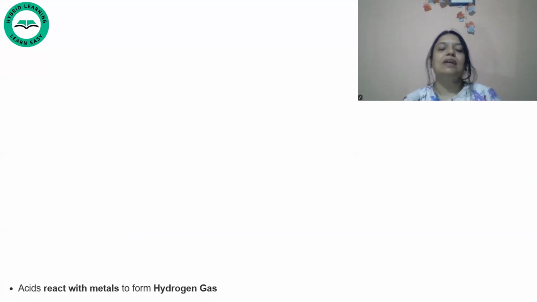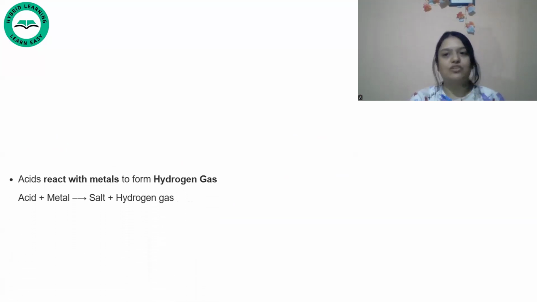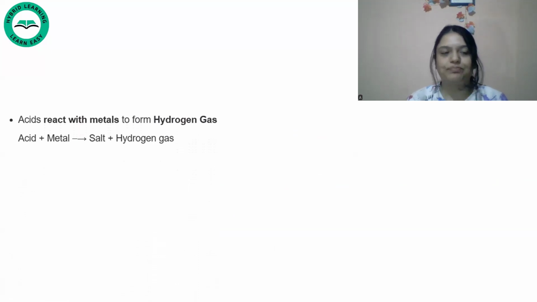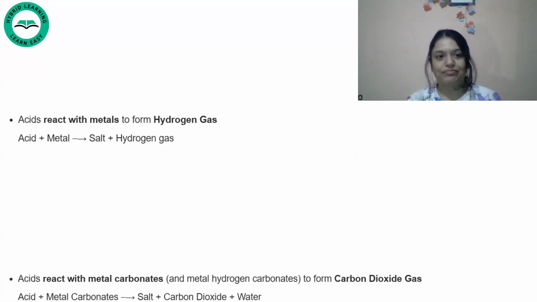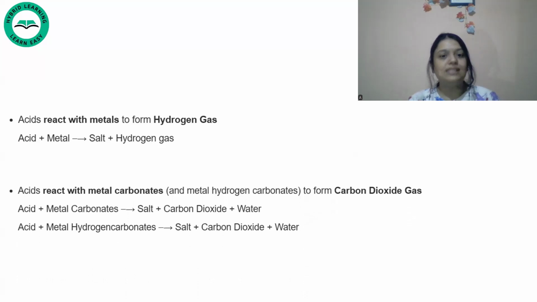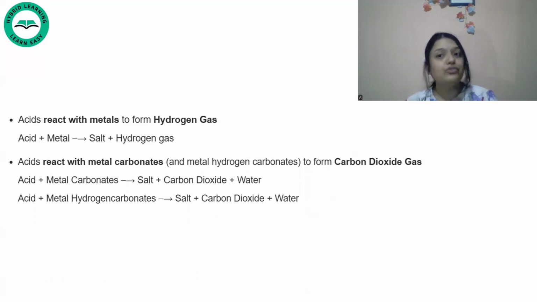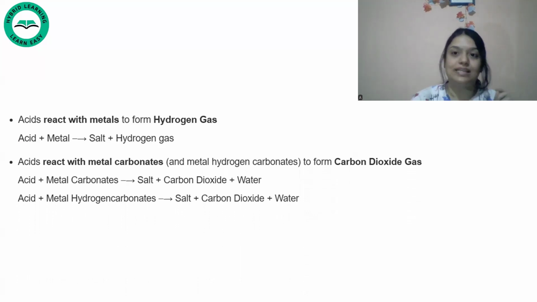Some of the important reactions of acids are, first, acid reacts with metals to form hydrogen gas. This is one of the foremost important reactions of acids. If I take an acid and make it react with any kind of metal, it will form salt and give away hydrogen gas. Next, when metal carbonates and bicarbonates, also called hydrogen carbonates, react with acid, they liberate carbon dioxide gas and produce salt and water as byproducts in both cases.